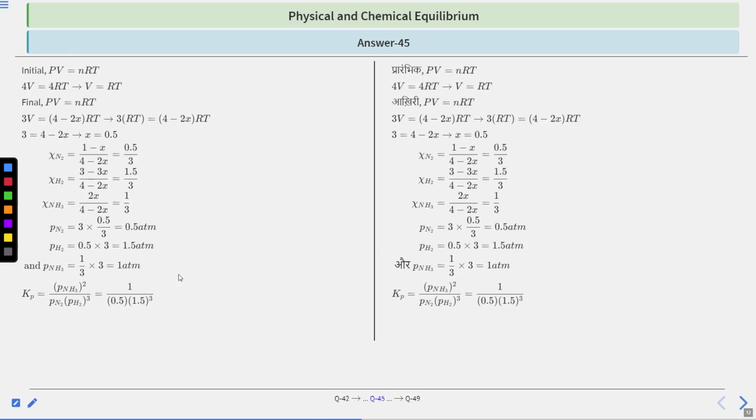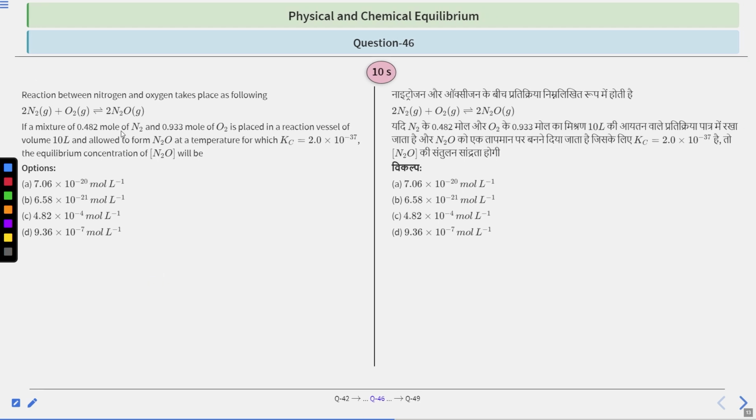So let's see the next question, question number 46. Reaction between nitrogen and oxygen takes place as follows: 2N2 plus O2 giving us 2N2O. If a mixture of 0.482 mole of N2 and 0.933 mole of O2 is placed in a reaction vessel of volume 10 liter and allowed to form N2O at a temperature for which Kc is equal to 2.0 into 10 to the power minus 37, the equilibrium concentration of N2O will be.